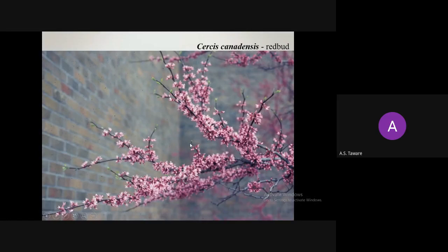This is the redbud. The common name is redbud, and Cercis canadensis is the botanical name of this plant. So stem supports the display of flowers also, helping display the flowers.